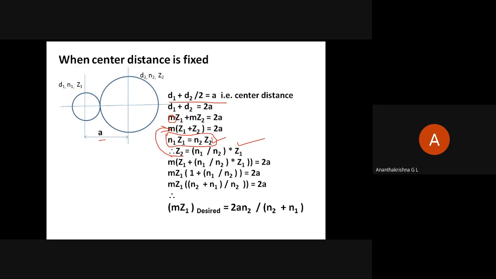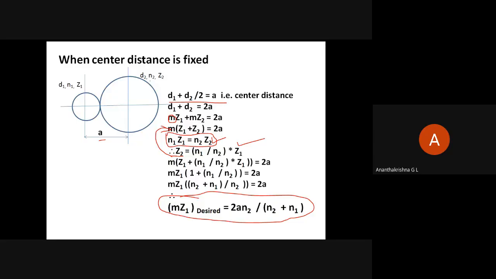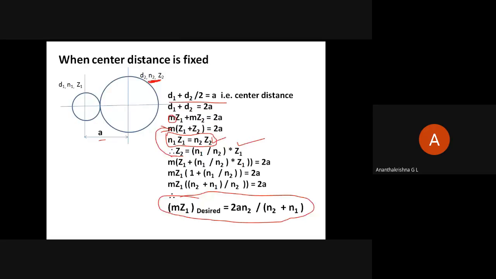Then I cross multiply this N2 to the right hand side, and N2 plus N1 to the right hand side again. So I'm going to get the value for MZ1 desired, which is 2A N2 divided by N1 plus N2, where N2 is the speed in revolutions per minute of the gear, and N1 is the revolutions per minute of the pinion.